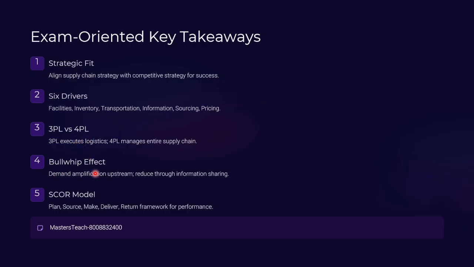And bullwhip effect, which includes demand variations, reduced through information sharing, etc. SCOR, supply chain operation reference model. So it includes plan, source, make, deliver, return, framework, performance. So this is about supply chain management.